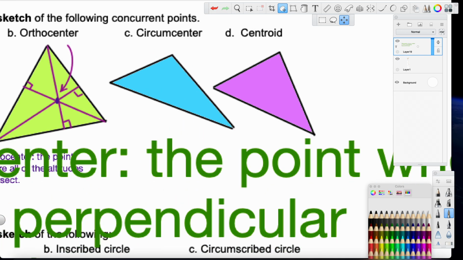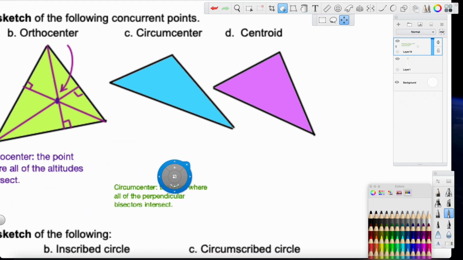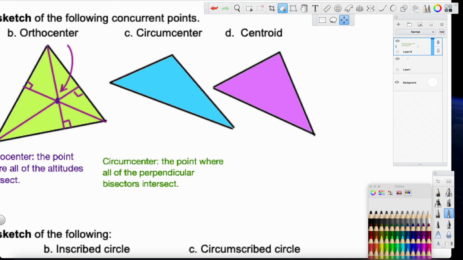Okay, so this one, if we have, I kind of made intentionally an obtuse triangle here.